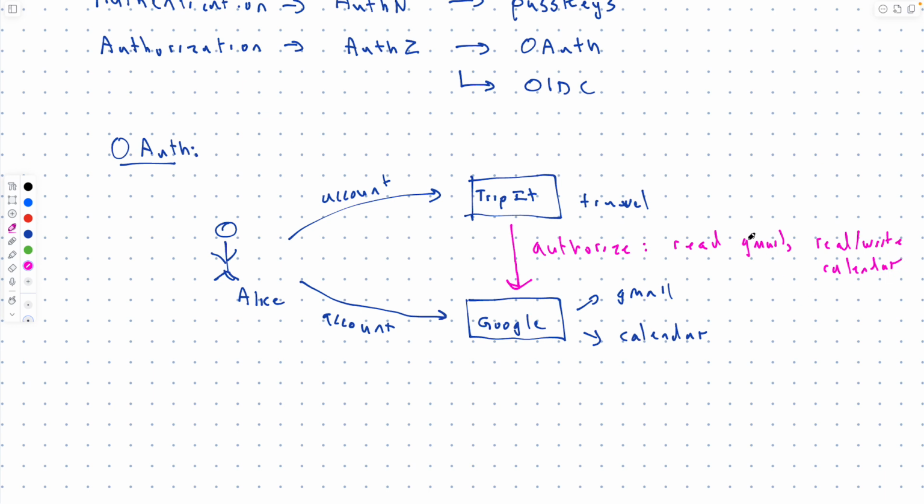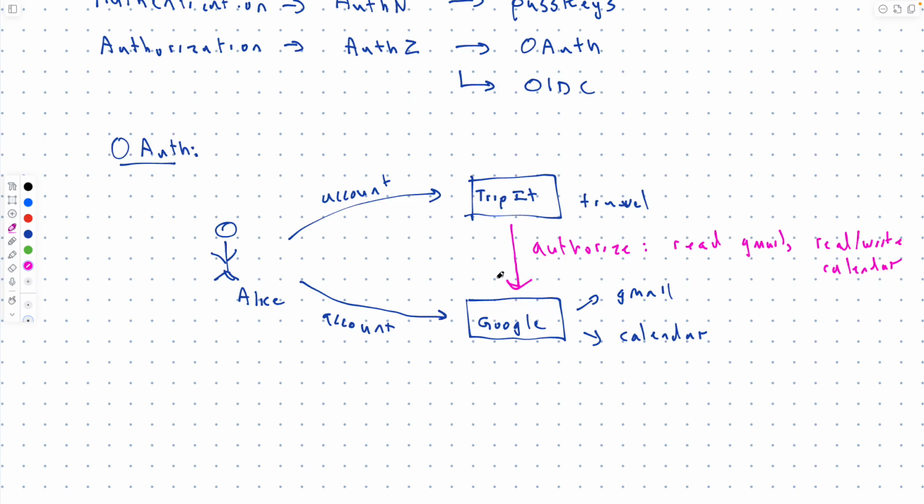Okay, and there could be different scopes here. That's up to Google. So Google's going to decide how fine they want the permissions to be on what you can do with each of their services. Google can decide whatever it wants.